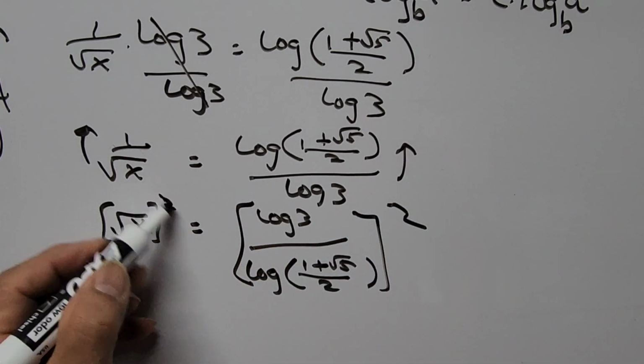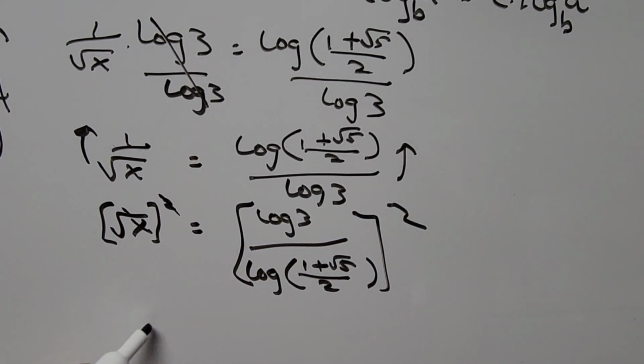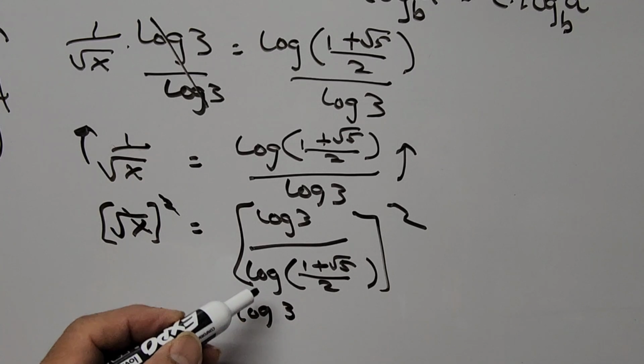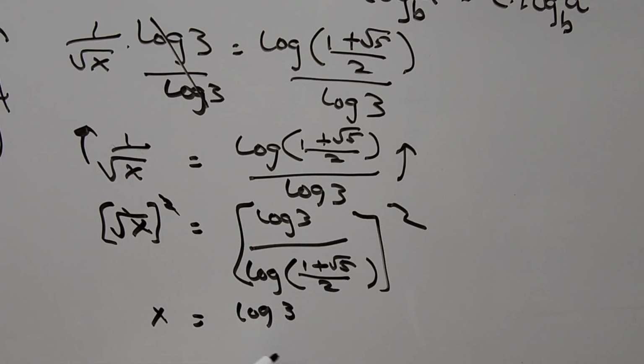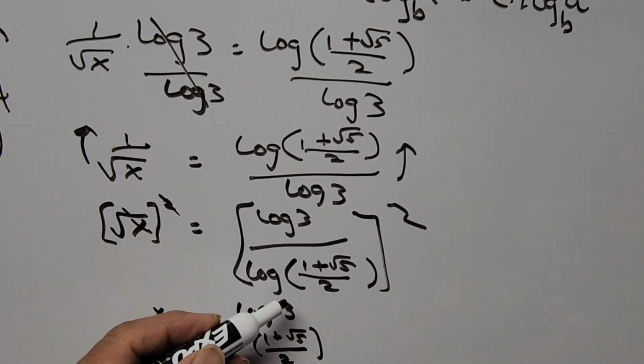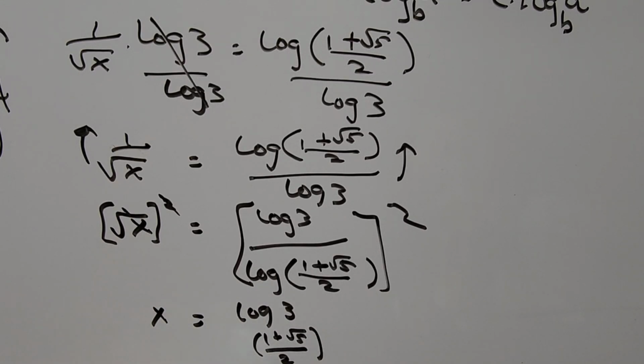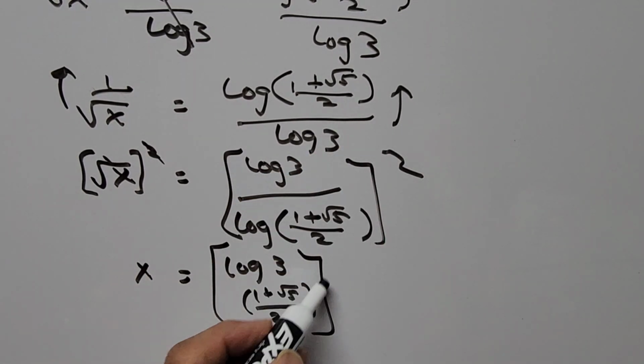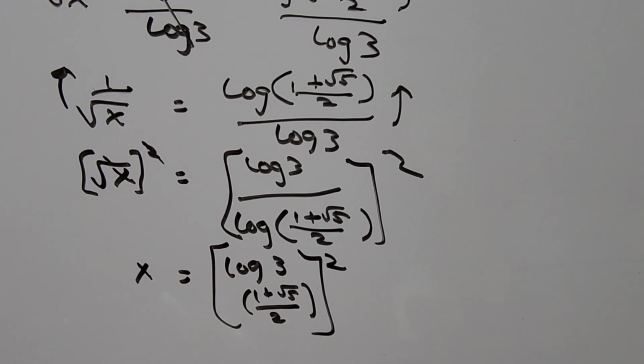So x is equal to log of 3 to base 1 plus square root of 5 over 2, squared, or to the exponent 2. This is now the exact value of x.